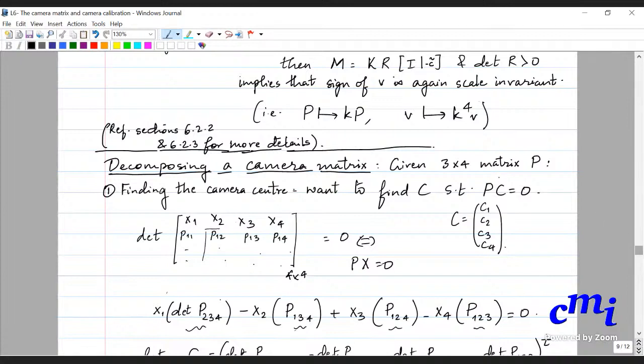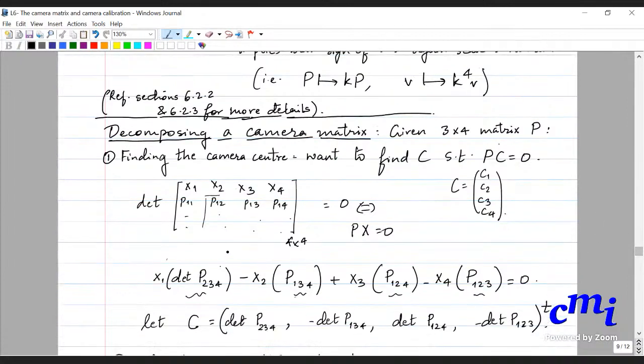And so you can just take these 4 numbers to form your vector C, because this is going to make sure that this determinant is 0. So you simply take C to be this vector, and that is your camera center.